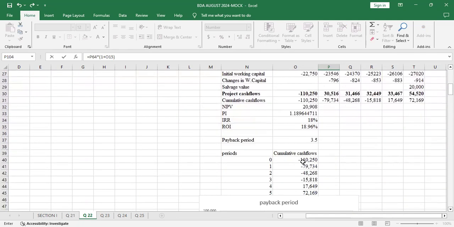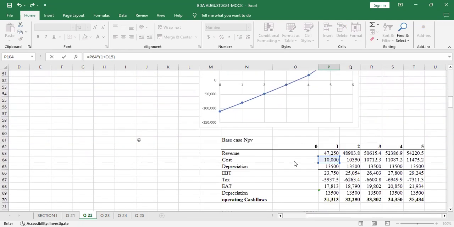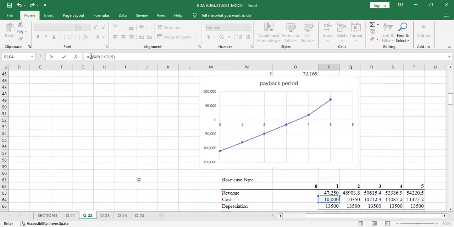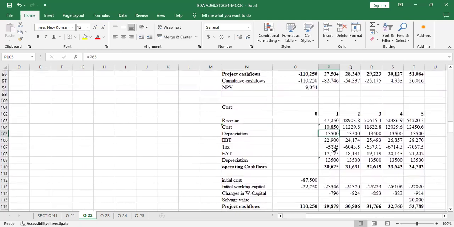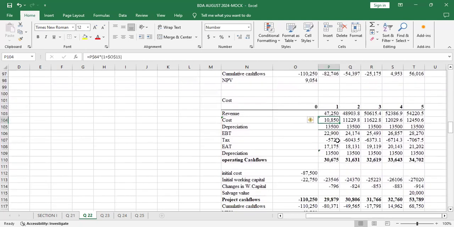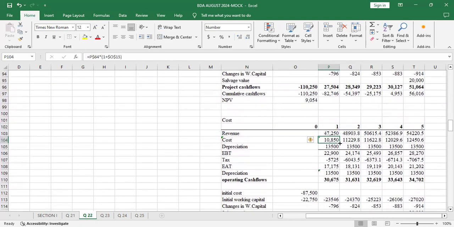Because cost appears in row, you can see this is row 64, I'll only lock that row. But the rate of variance, I'll lock it completely. Completely lock it, and I'll enter. Once I enter, you can see the value has increased from 10,000 to 10,850.